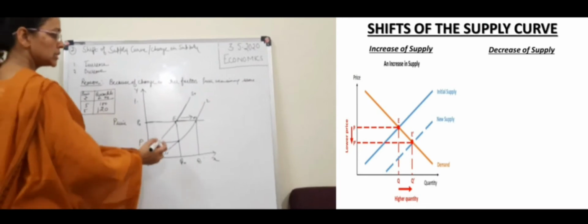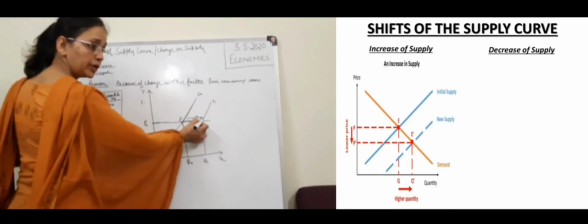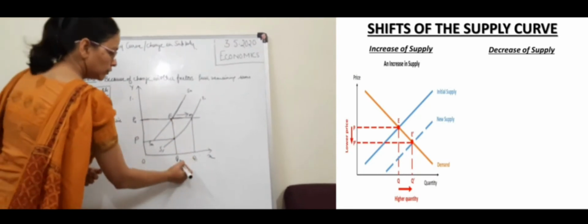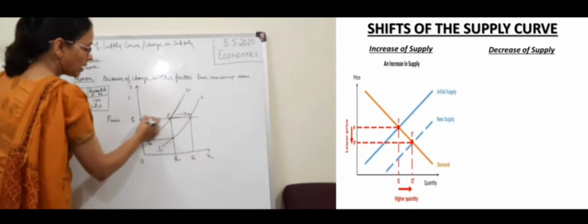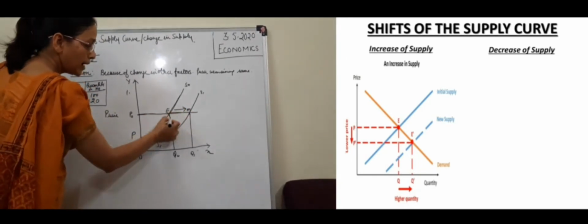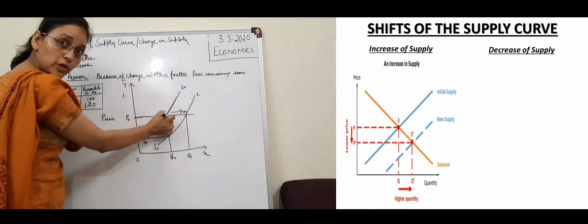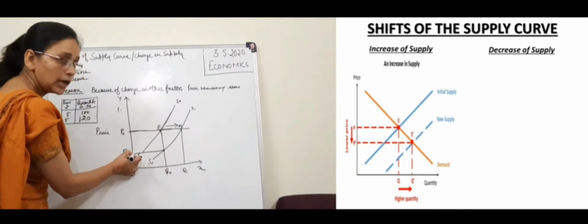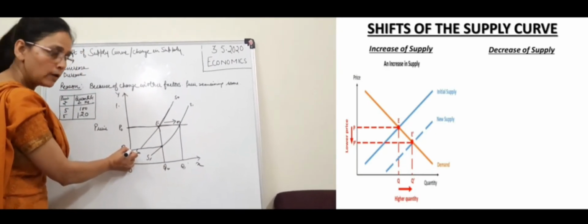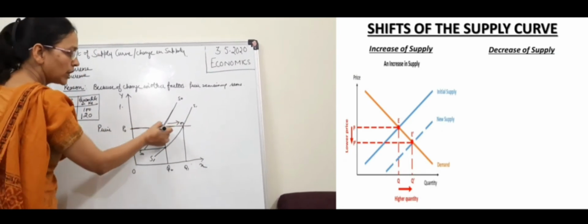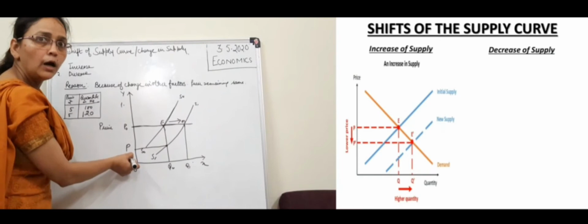I repeat, the quantity is increasing at the same price, from Q0 to Q1, but the price is the same. The increased quantity is supplied at the same price, but the same previous quantity, when the changes were not there, will be supplied at a lower price. I hope you are understanding. When the increased quantity is supplied at the same price, definitely the previous quantity will be supplied at a lower price.